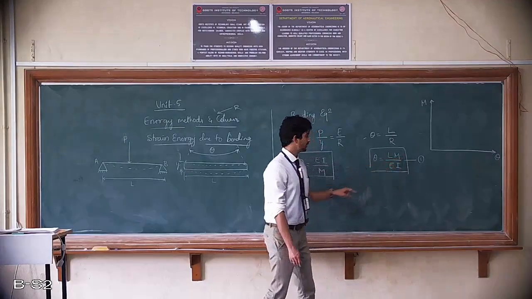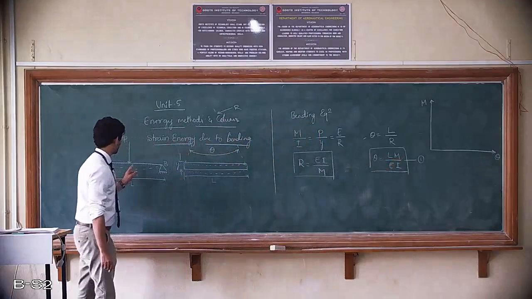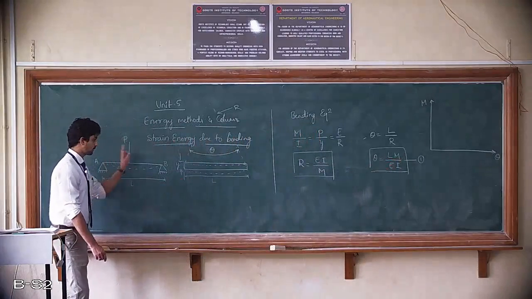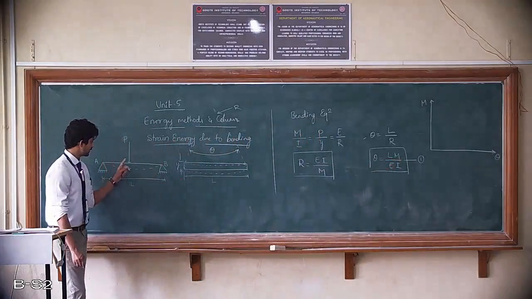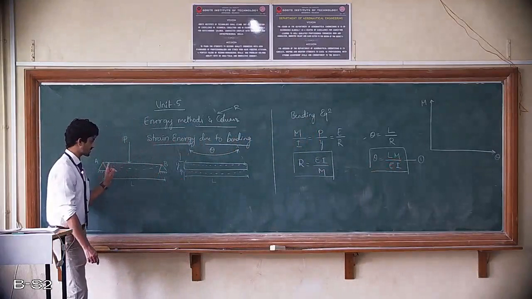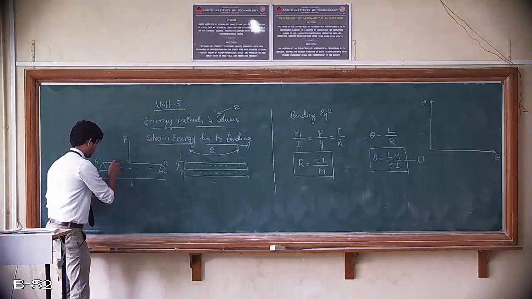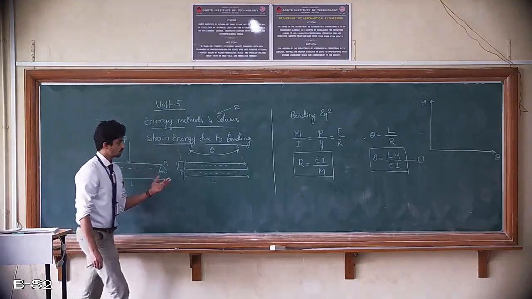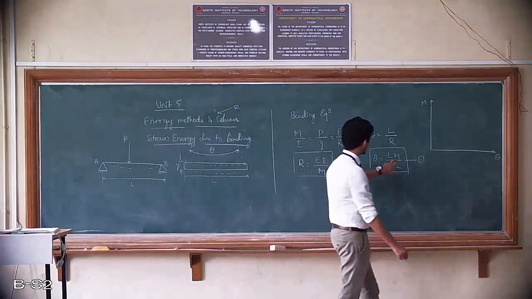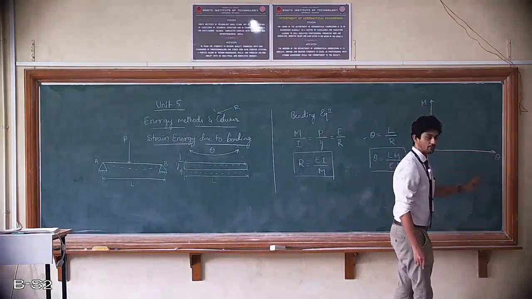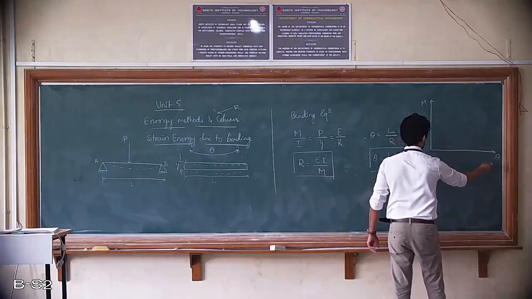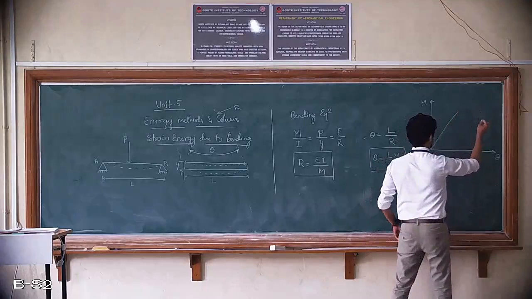Because if the load is applied at the center, the moment we can deduce from this structure is different. If the load is applied somewhere else, then the moment at that particular location will be different. So theta and m we need to consider. That's why we plot the graph between m and theta, and we will get some curve.